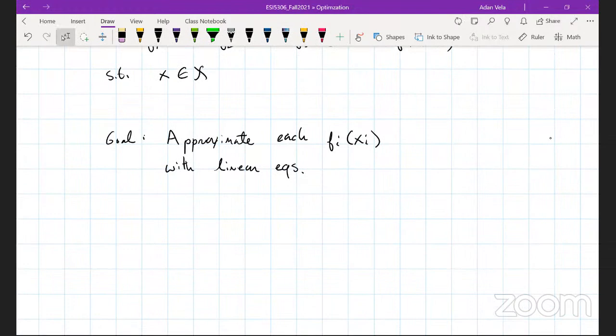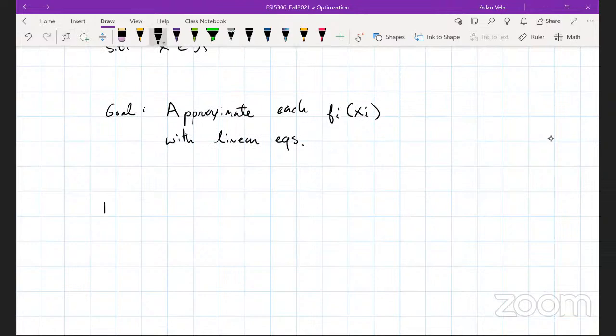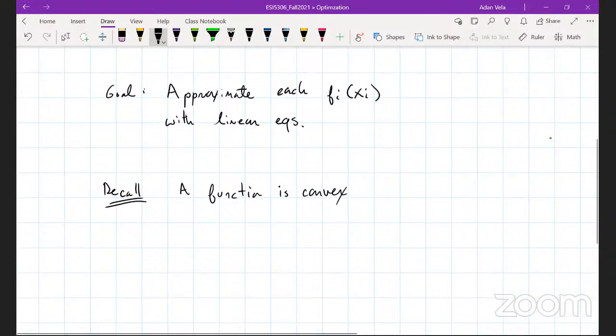So in order to do this, we're going to use a particular property that we had mentioned before that's associated with convex functions. So you might recall a function is convex if each tangent line lies below the function itself.